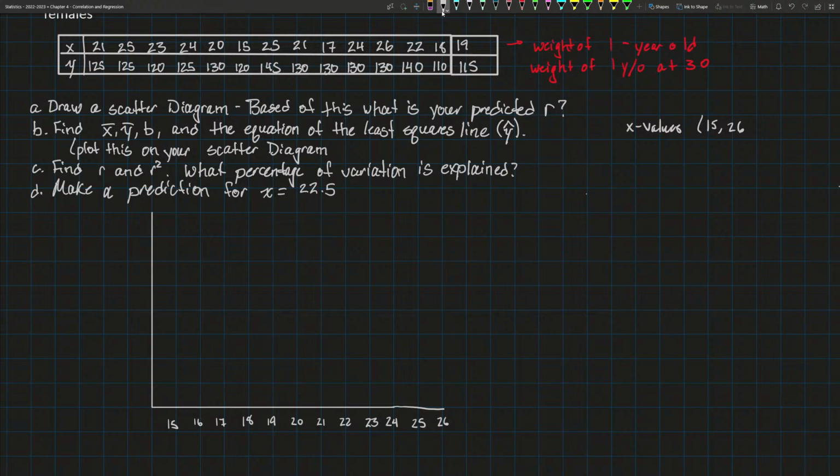And then our Y values go from, looks like 120 to 140. And then we're just going to plot things. So I'm going to mute myself and I'm going to do this.